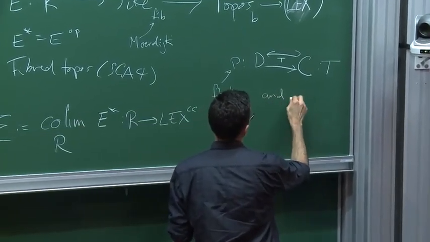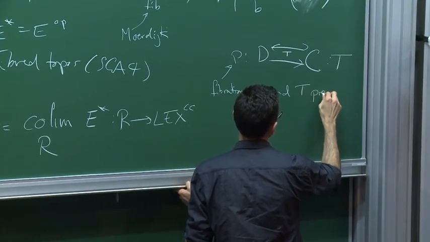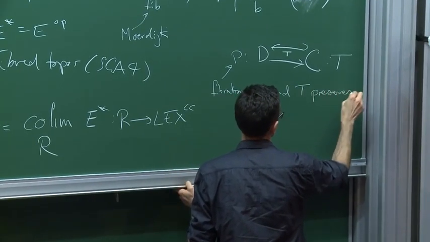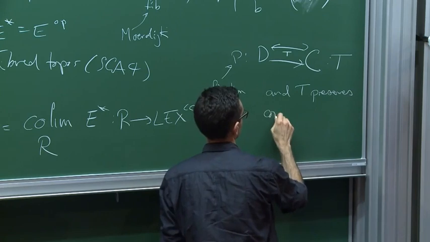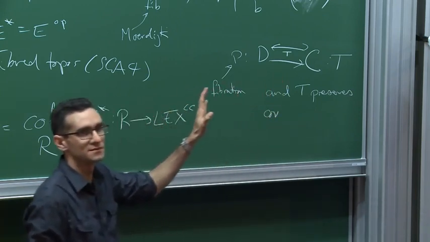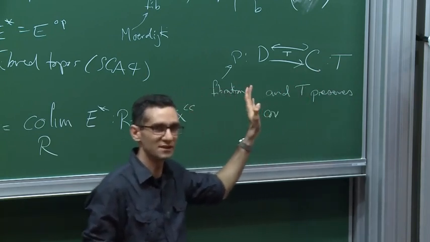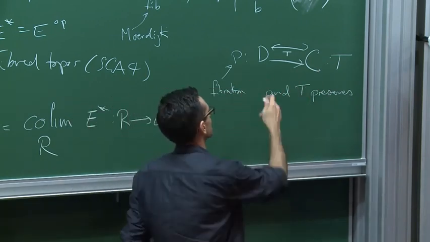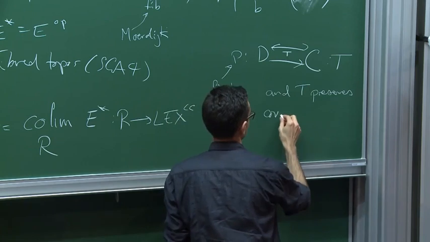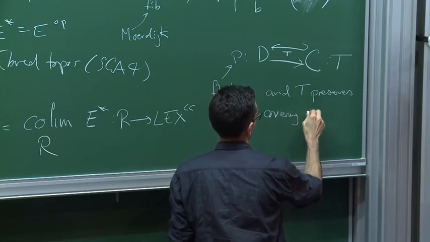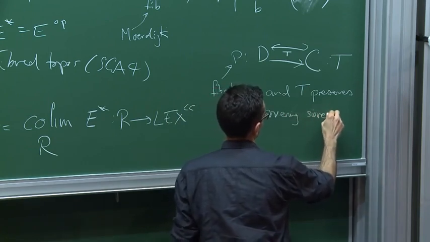And T preserves covers. These are just sites. I didn't write the topologies here, but this is the underlying categories, and there are topologies here and here. And there are no special assumptions like existence of finite limits?